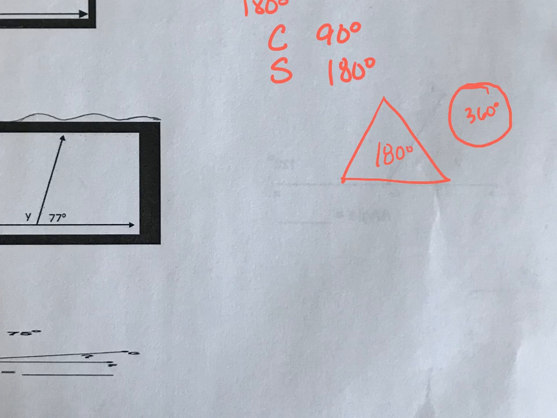And then how many degrees are in a square or rectangle? There are 4 right angles, so 90 times 4, which would be 360. So 360 in those shapes. That's going to come up at some point, maybe not now, but in the future. So make sure you remember those degrees.